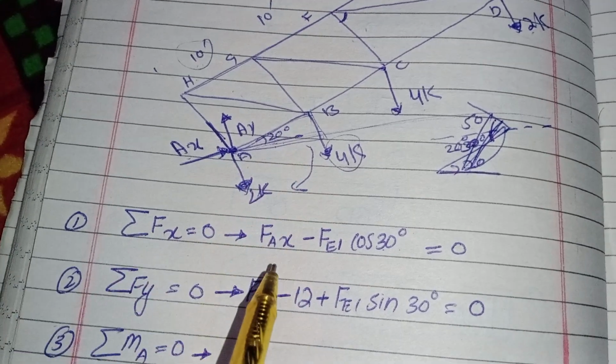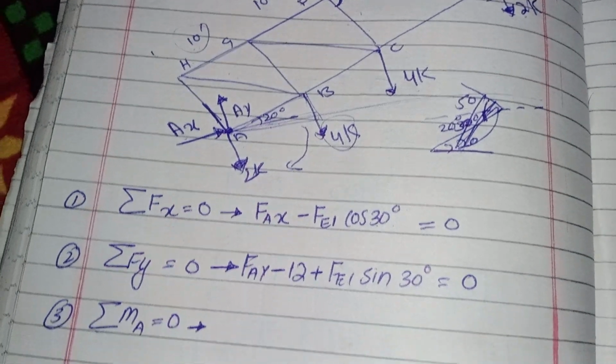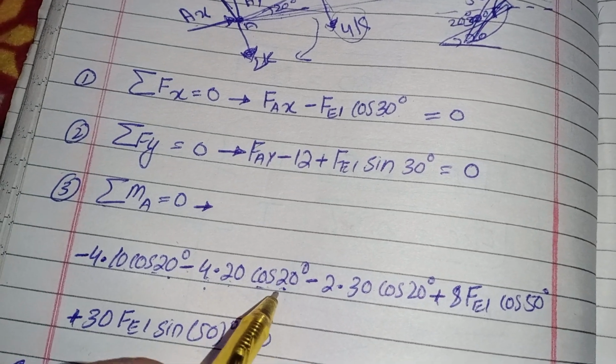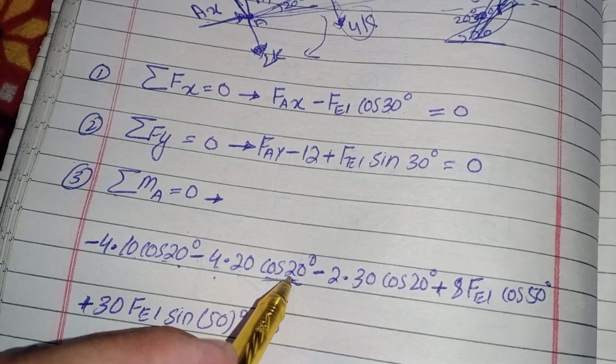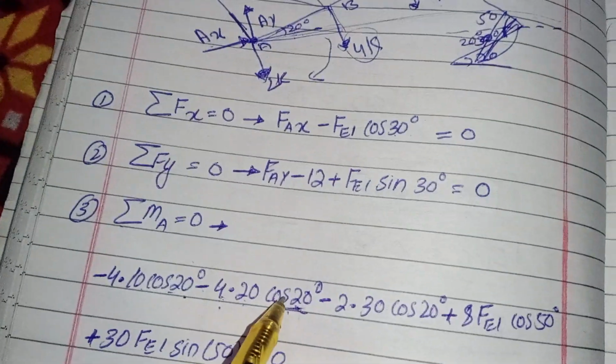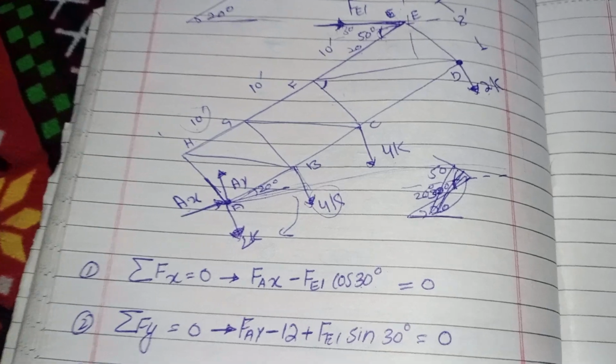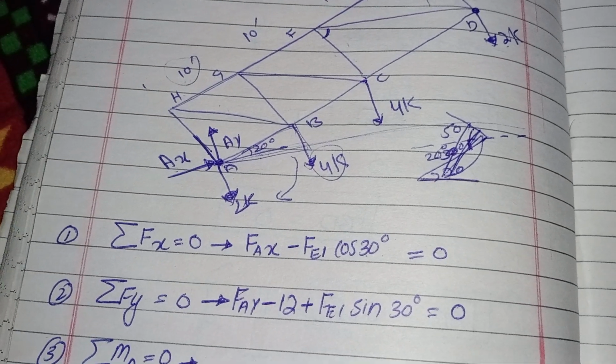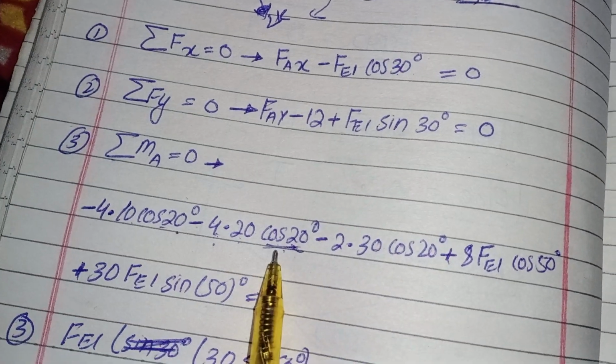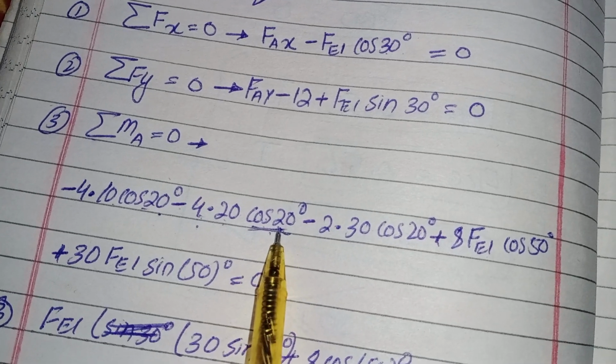That's why we move it to the horizontal axis. We take only the cos component, because the moment starts from the horizontal. That's why we take cos 20 here.